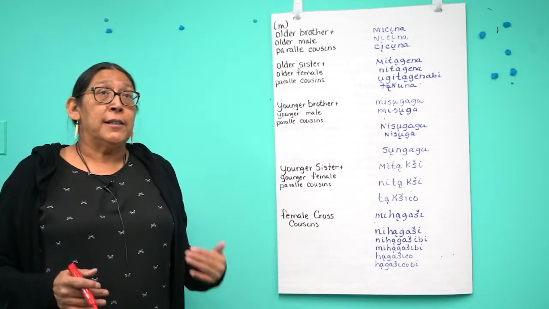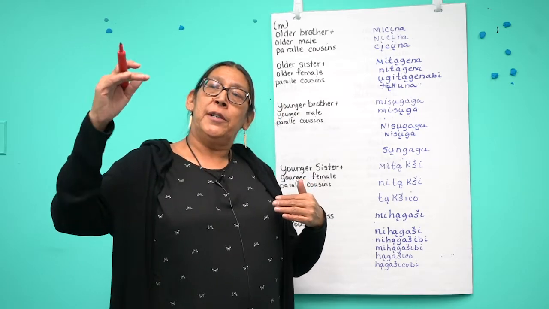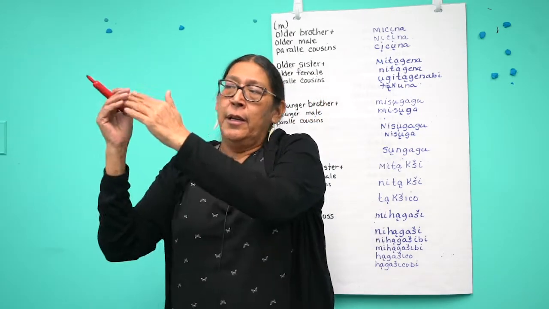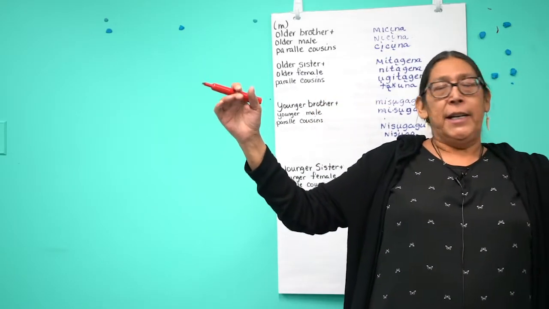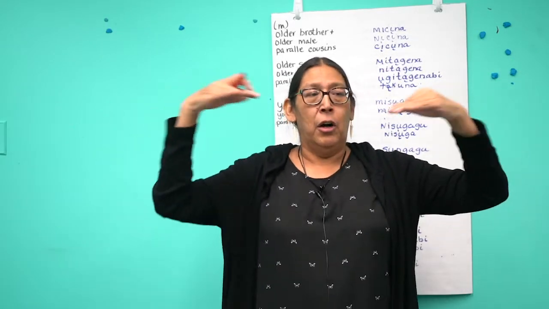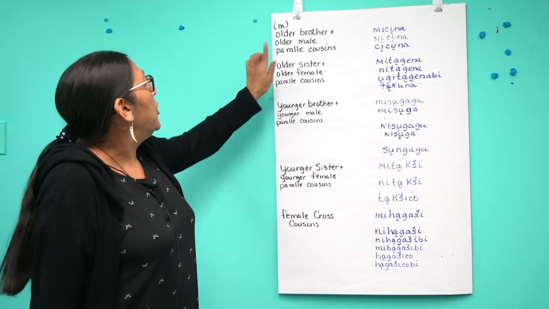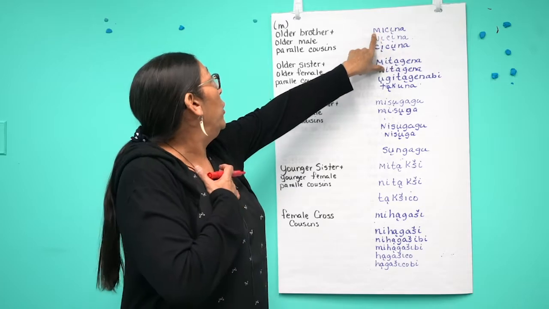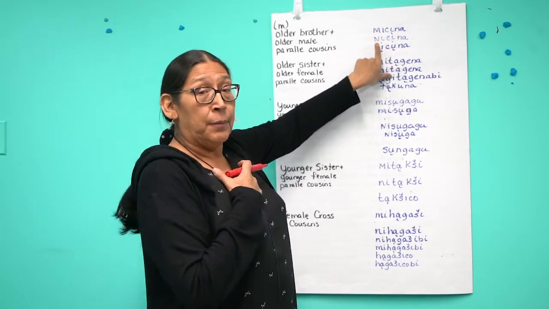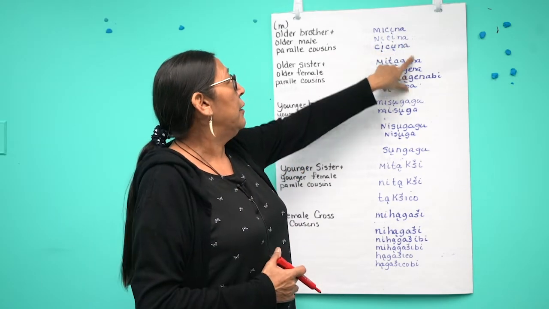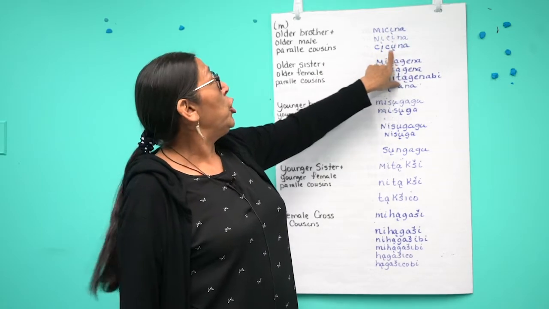You have your brothers on your dad's side here, and your mother's brothers on your side here. All these children are parallel cousins. So if it's my older brother or my older male cousin, he is my michina. Your older cousin, nichina. And if he's all of our older cousins, chinchuna.